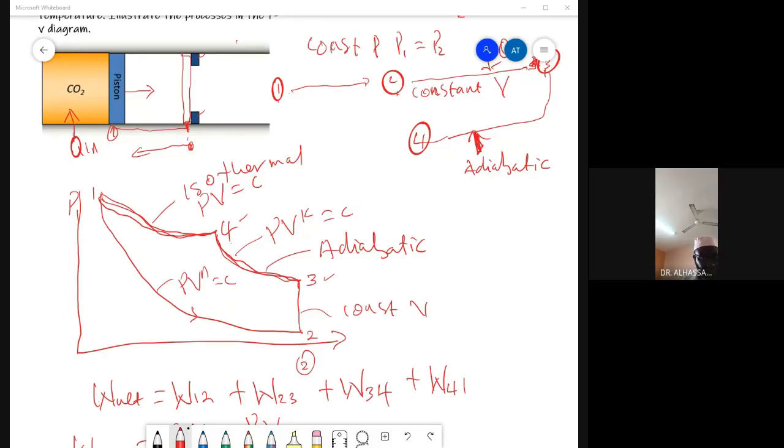The value for V4 is not given. One minute, I'm checking something over here.